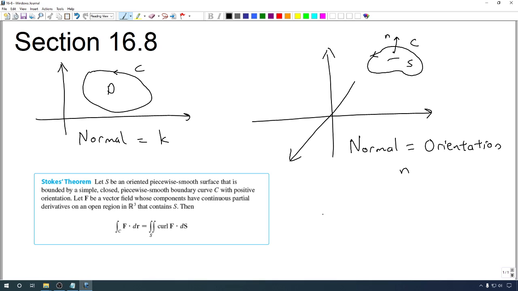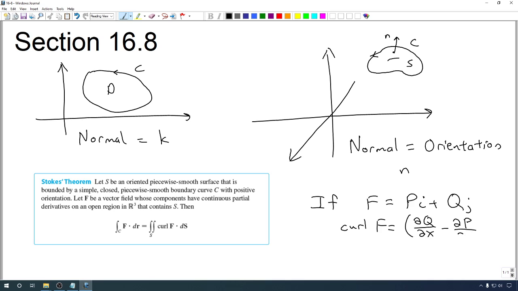Now keep in mind here, if we were looking at Green's theorem, we have F equal to Pi plus Qj, where we don't have an R component, and P and Q only depend on x and y. The curl, if you recall, is just going to have that third component. It's going to be partial of Q with respect to x minus partial of P with respect to y times the unit vector k.